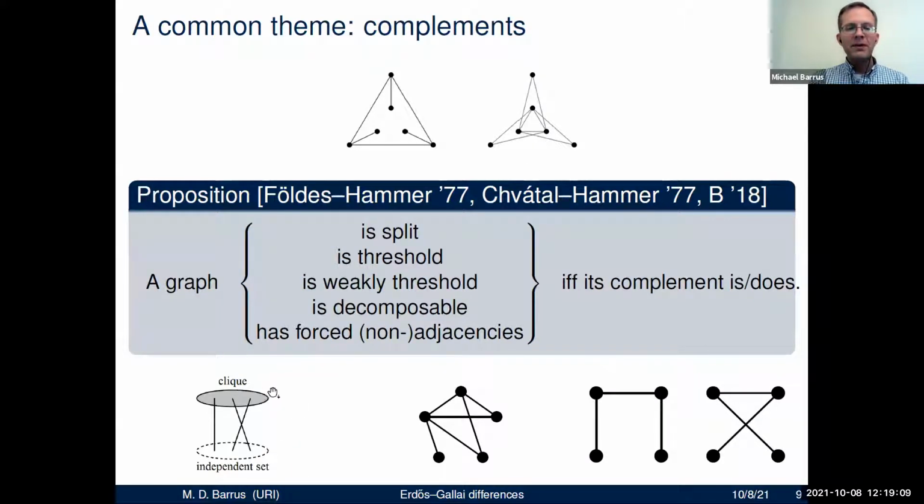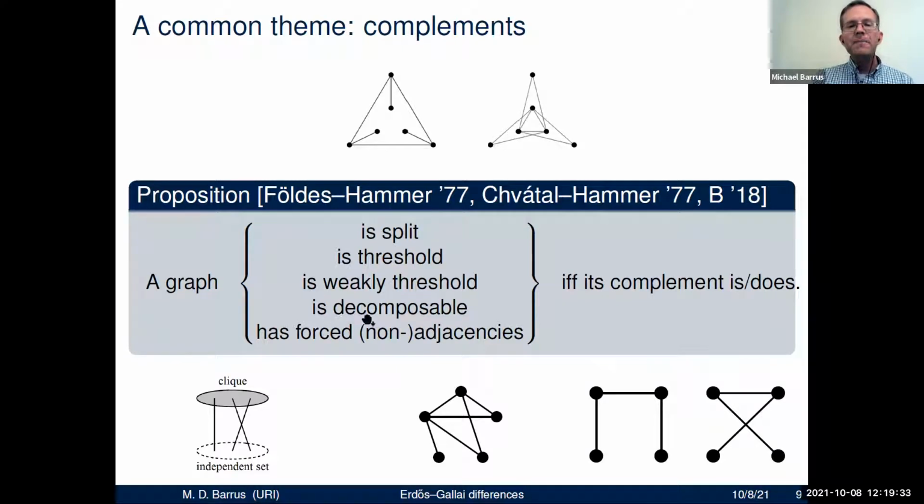You know, the complement is going to change a clique into an independent set and vice versa. Now, for a threshold or weakly threshold graph, you can see this in a couple different ways. One of the easiest ways is to look at their lists of forbidden subgraphs. And each of their lists of forbidden subgraphs is closed under complementation. So that kind of gives you the result.